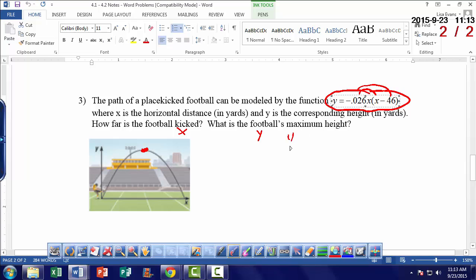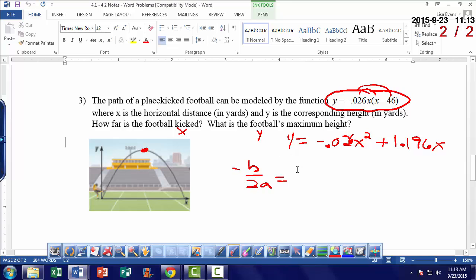When I do that, I end up with y equals negative 0.026x squared plus 1.196x. This is the standard form as we can get. We're going to go ahead and find the vertex by doing negative b over 2a.